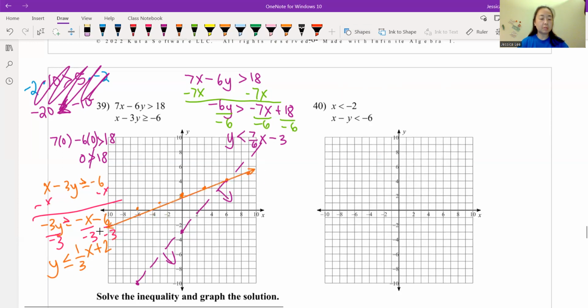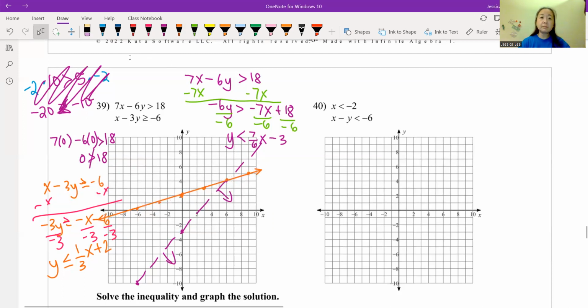And we're just going to draw this line like this. Make sure you're going all the way across, because if you don't, you're not going to be able to see exactly where to shade. Your shading is going to be a little bit weird, right? So make sure you're going all the way across. I'm a little off, so I'm just going to readjust that. I think that's pretty close.